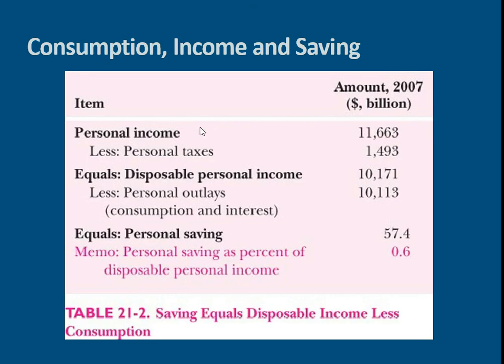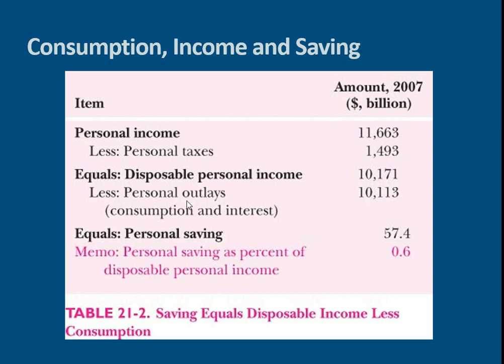This table shows the personal income of a person A, who has a total income of $11,663. When we subtract the amount of taxes from his personal income, the remainder gives us personal disposable income, the income which he or she can spend. As we studied earlier, personal disposable income means the income we have after paying taxes.